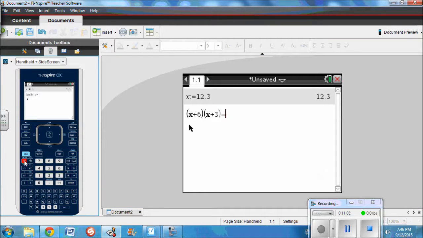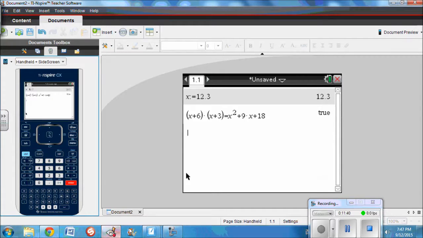Now let's type in the trinomial that we came up with when we double distributed. So we came up with x squared plus 9x plus 18. Okay, so the problem equaling the answer. And notice how the x is bold. When the x is bold on the calculator, that means that something is stored into it. So let's see that we did our double distributing correct. Hit Enter. True. Okay, so if you did something wrong in your multiplication or in the end when you're combining like terms, you would enter this in and you would get false.